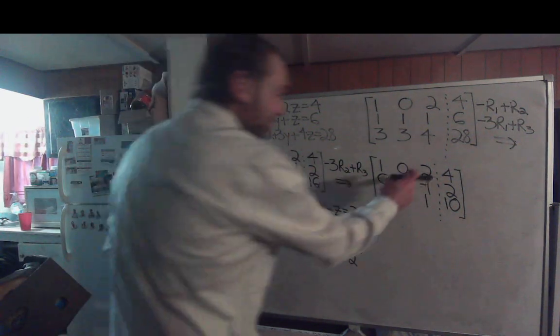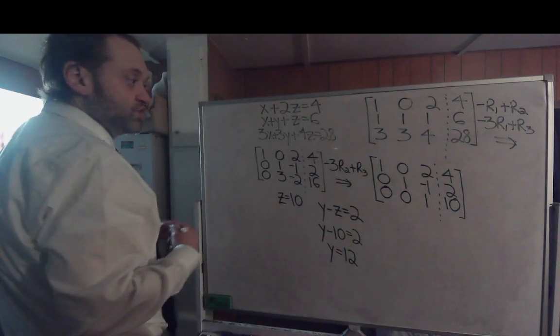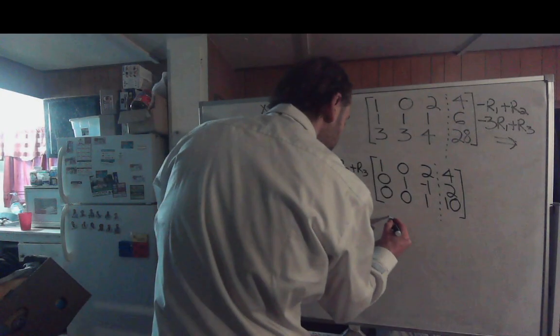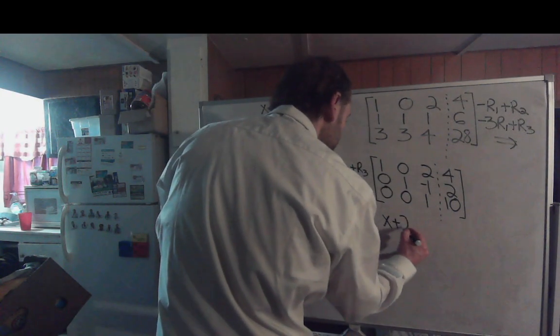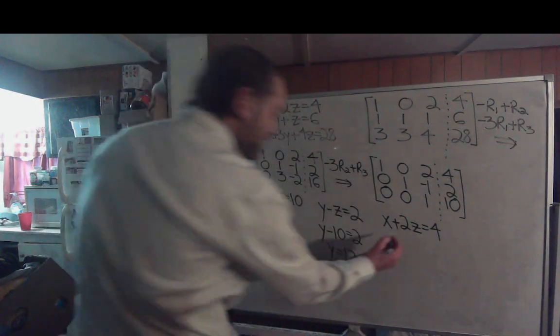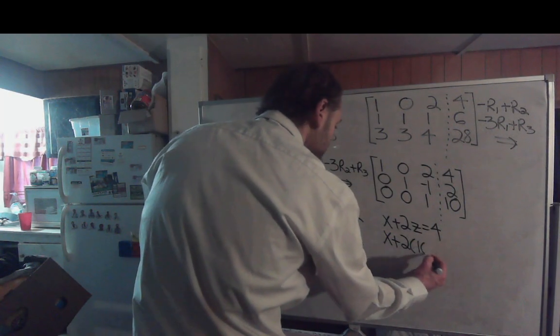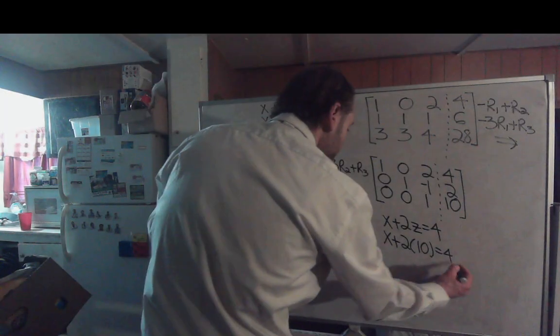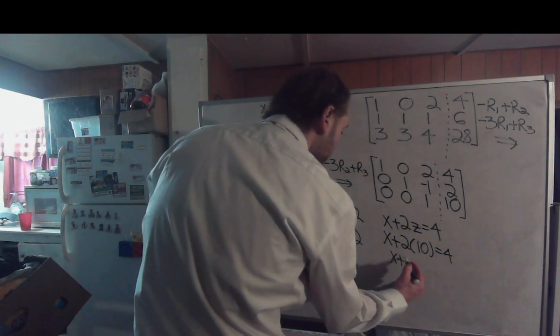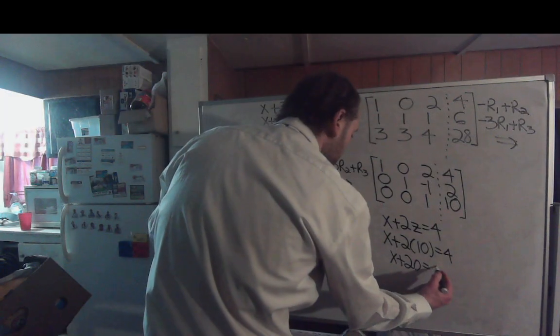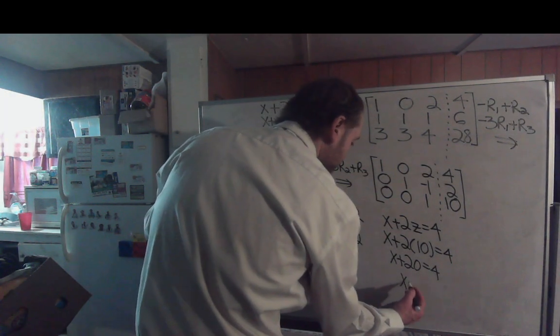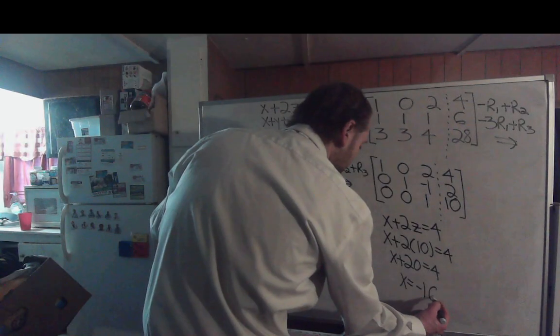Well, we have a 0 value for our y coefficient, so this would literally be x plus 2z equals 4. So we have x plus 2 times that z value of 10 equals 4, which means x plus 20 equals 4, which gives you an x value of negative 16.